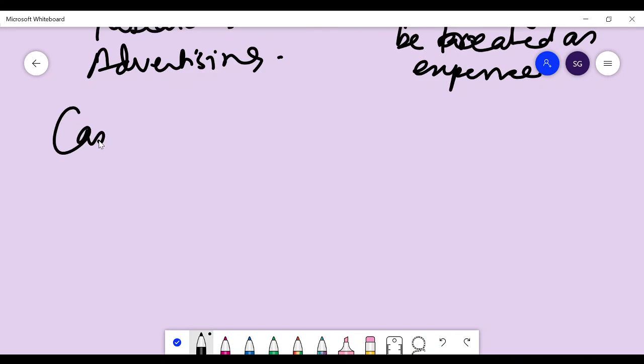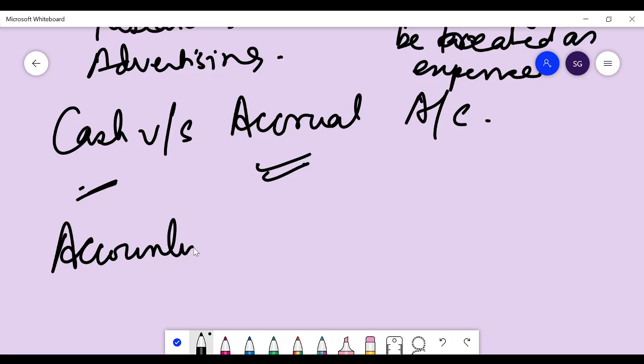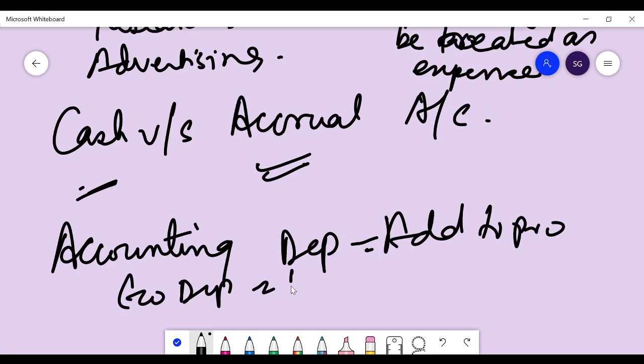Next that we have is cash versus accrual accounting. In normal accounting, accrual items are included, but in cash accounting, only cash flow based amounts are included and it excludes accrual accounting. Third difference is accounting depreciation we add to profit and economic depreciation we deduct from profit.